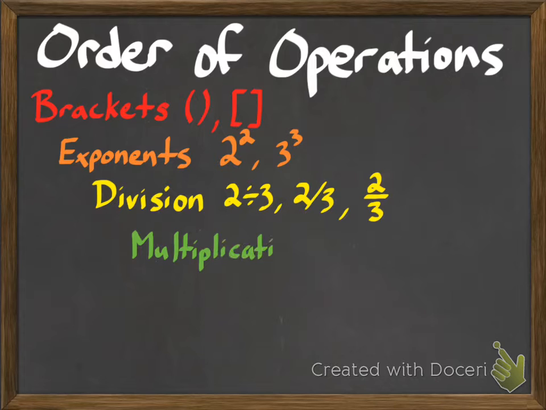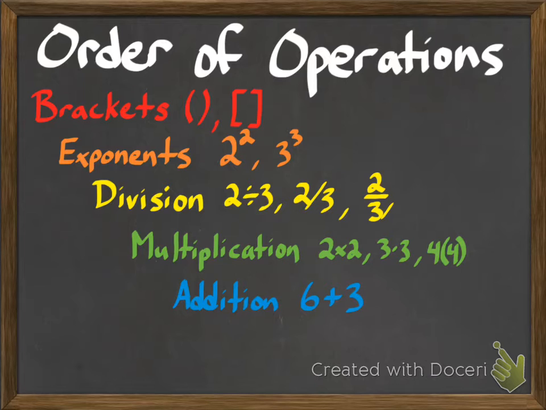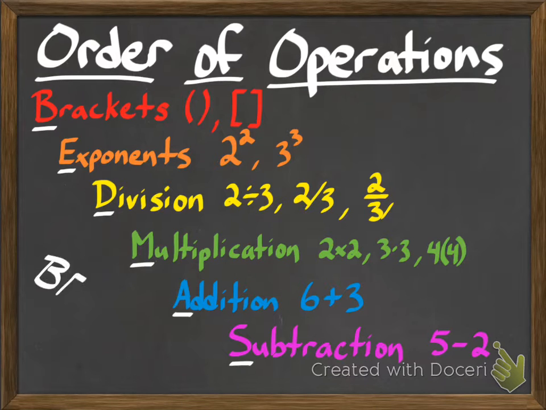You could have multiplication for M, so 2 times 2, 3 times 3, 4 times 4, so these are different ways you can write multiplication. We could have addition, so 6 plus 3, or subtraction, for example, 5 minus 2. So we can use these to evaluate any type of mathematical expression using BEDMAS.